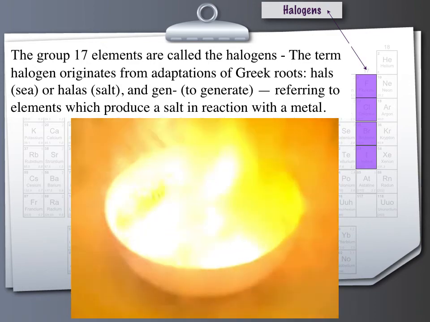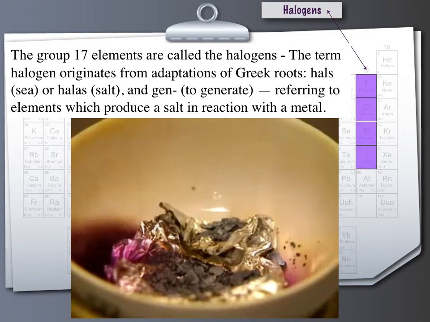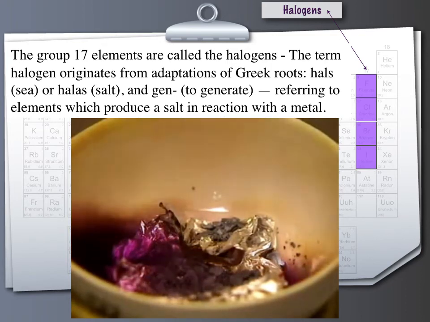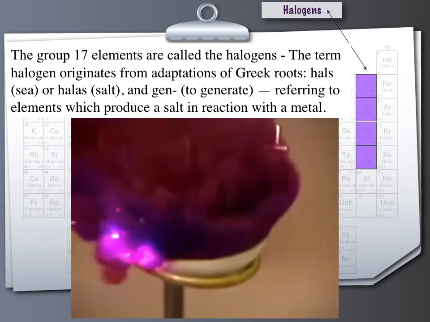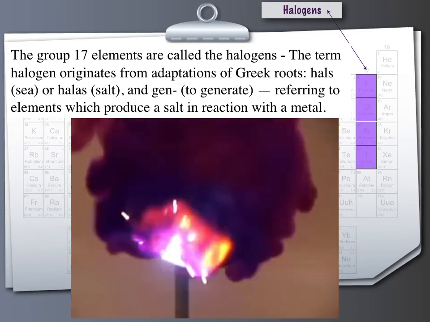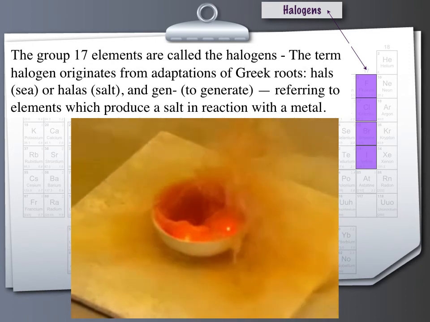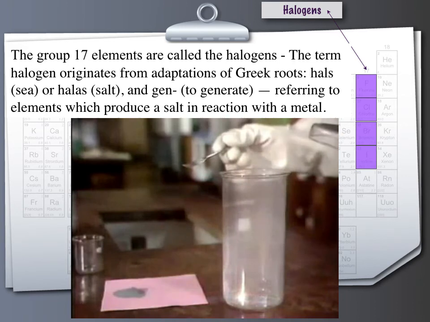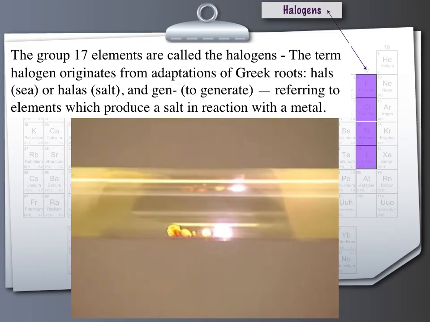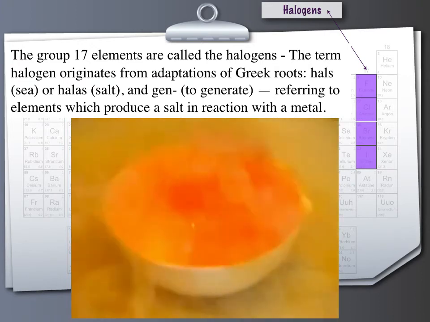The reaction with iodine is just as spectacular. A little warming helps to get things moving, but once the reaction's off, it needs no further assistance. The products of all 4 of these reactions are white solids, and they're all trihalides: AlF3, AlCl3, AlBr3, and AlI3.